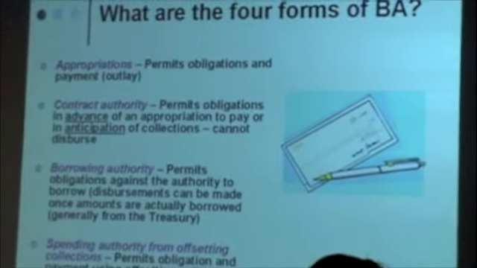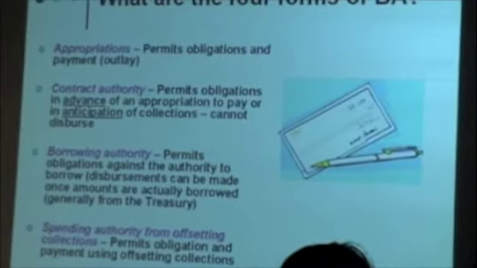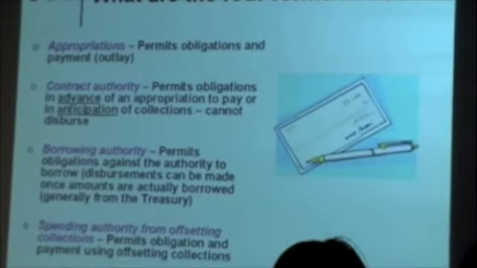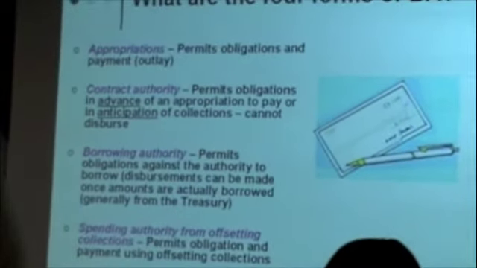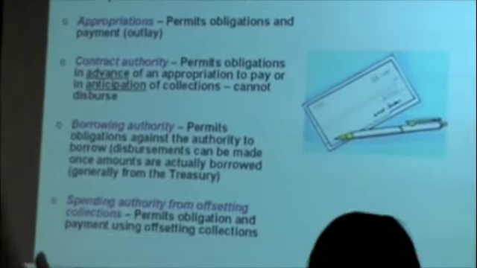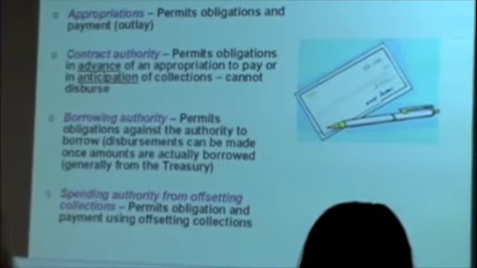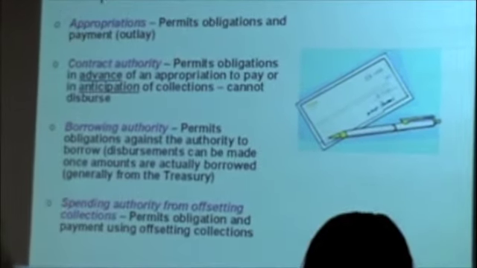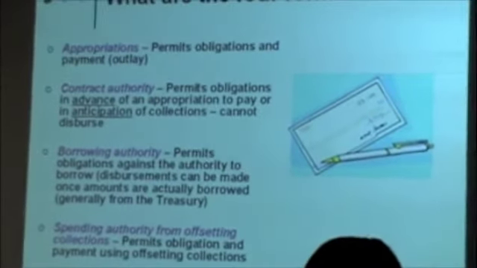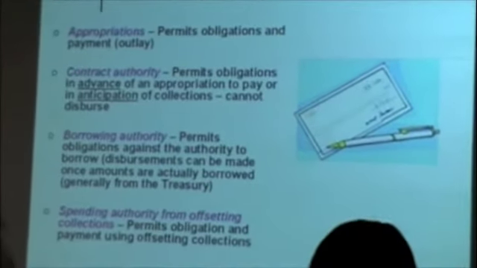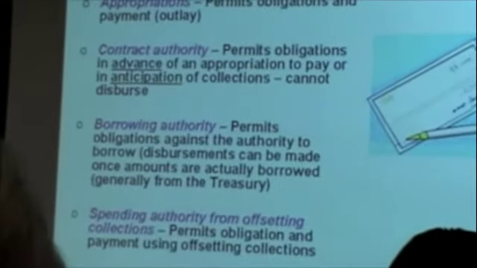Contract authority permits obligations in advance of an appropriation to pay or in anticipation of collections and cannot be disbursed. Borrowing authority permits the obligation against the authority to borrow. Disbursements can be made once amounts are actually borrowed, generally from the Treasury. The spending authority from the offsetting collections permits payments using the offsetting collections.